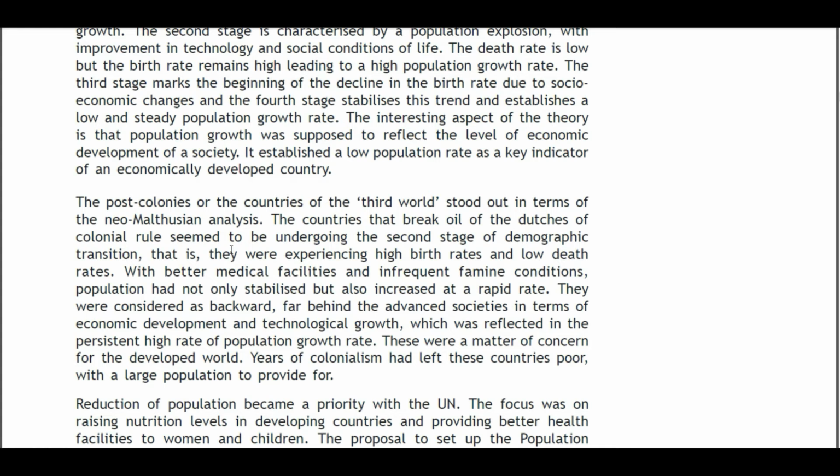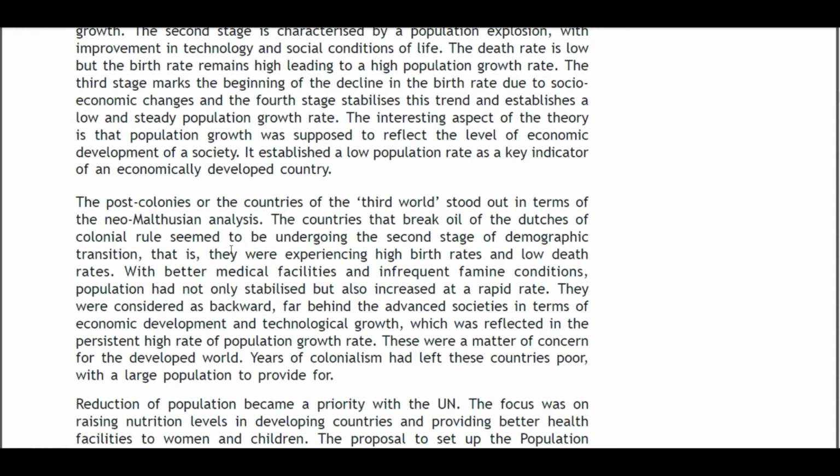Population had not only stabilized but also increased at a rapid rate. They were considered backward, far behind the advanced societies in terms of economic development and technical growth, which was reflected in the persistently high rate of population growth.